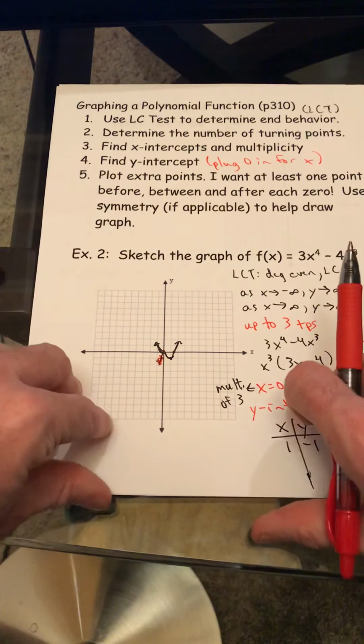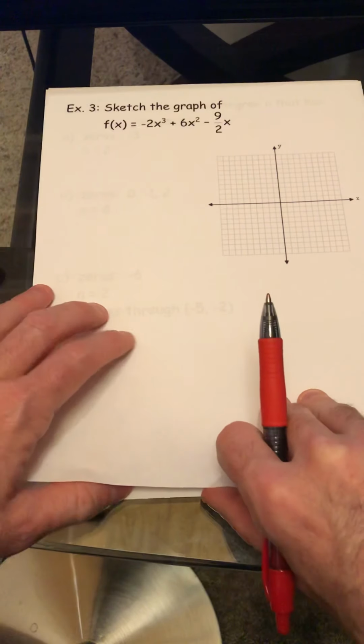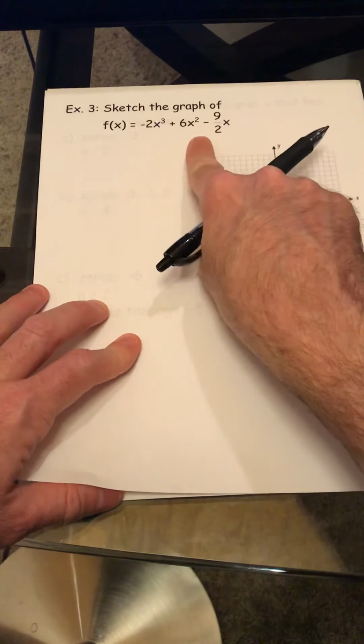All right, one final example. Sketch the graph of f of x equals negative 2x to the 3rd plus 6x squared minus 9 halves x. If you want, certainly we'll include the guidelines for graphing again for our LCT. Degree is odd. Leading coefficient is negative.